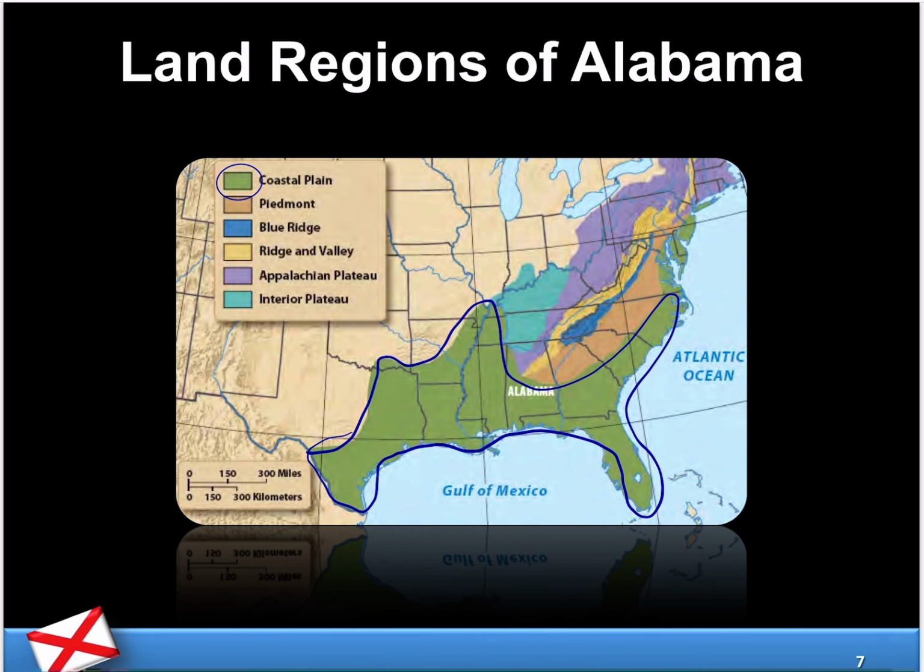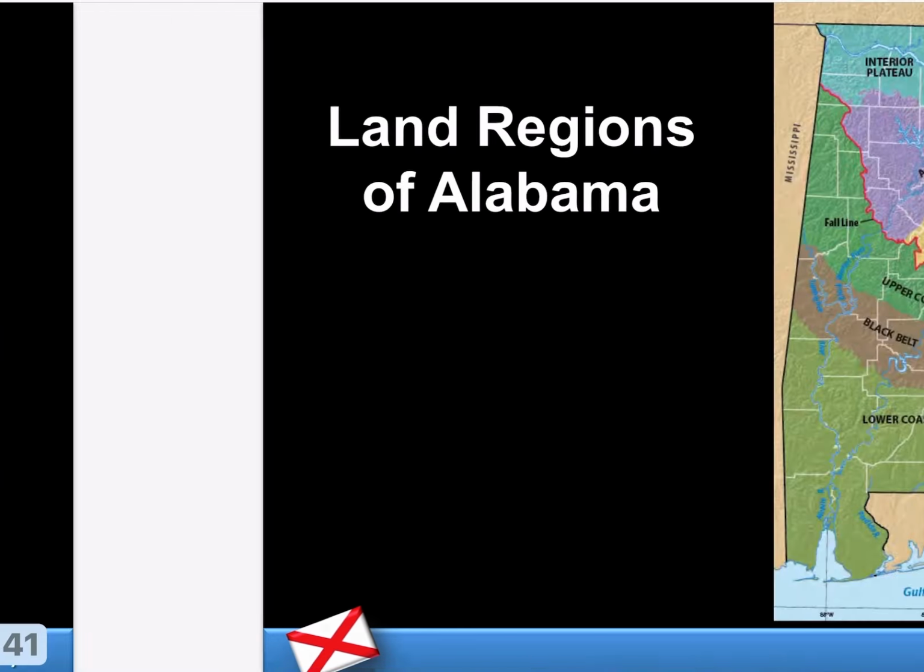And then in the orange, we have the Piedmont. And then blue, right beside it, this is the Blue Ridge. Then you have the Ridge and Valley in the yellow, and the Appalachian Plateau in the purple, and then the Interior Plateau right here in this turquoise color.